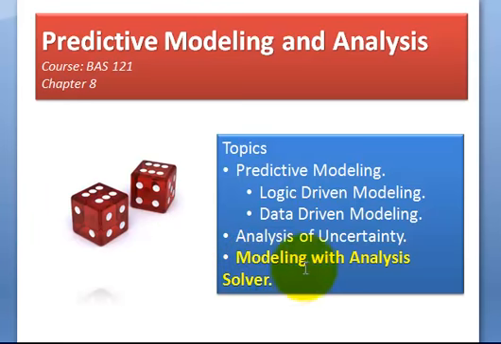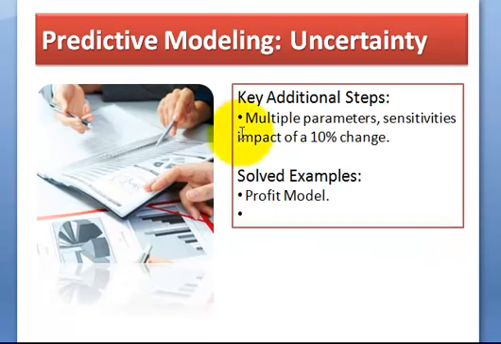Last, we'll take a look at modeling with the analysis solver package that we have for the course. And what that'll allow us to do is analyze the uncertainty of multiple parameters. So what if we're uncertain about more than one or two parameters? What if we want to do sensitivities?